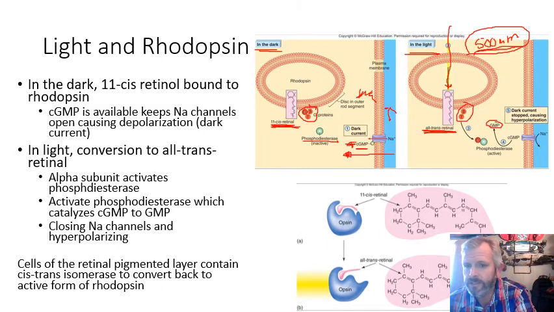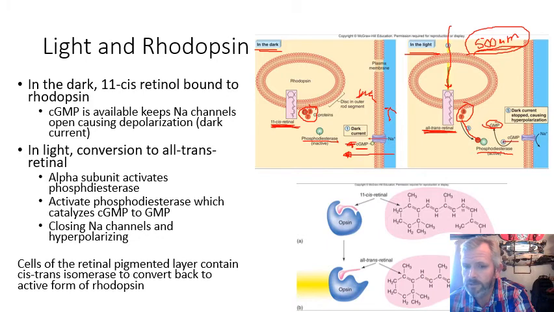Now the G protein is activated, and it cascades and activates that phosphodiesterase enzyme. Right? What did phosphodiesterase do? It converted cyclic GMP to GMP. Now cyclic GMP levels are low.